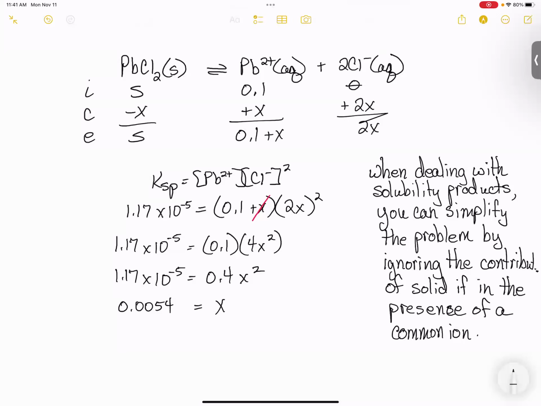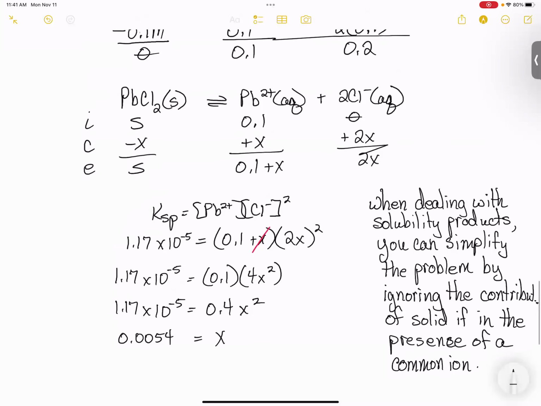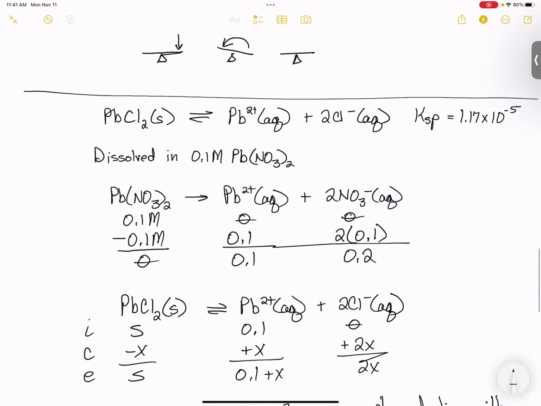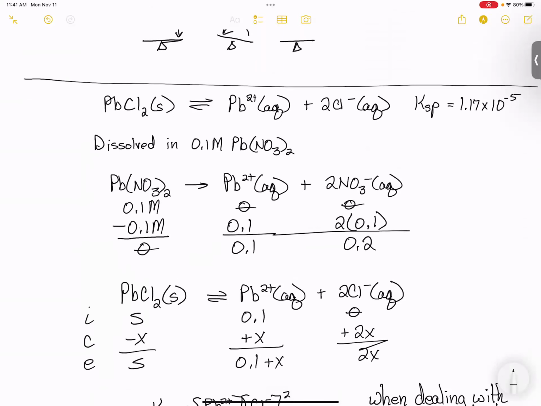So again, let's talk about this problem now that you got it all written down. A common ion effect will come into play when you take a solid and you dissolve it in a solution that has a common ion.